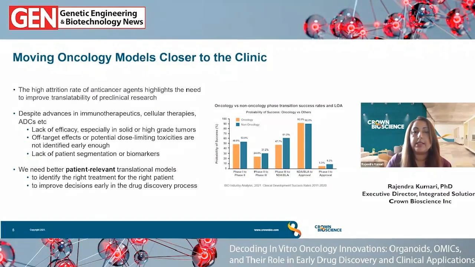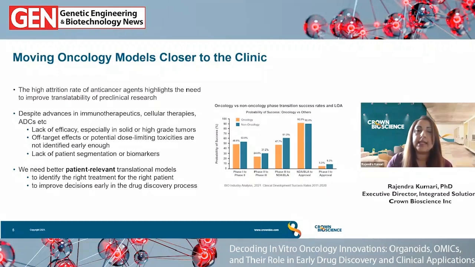Now, despite this high risk of failure and the long and costly drug development process, the number of new oncology targets, the new agents, is still growing rapidly. And there's been significant advances also in immunotherapeutics, cellular therapies, ADCs and so on in the last 10 years.